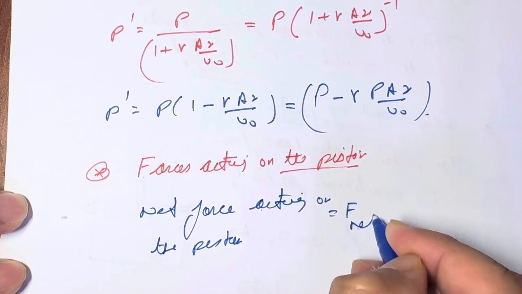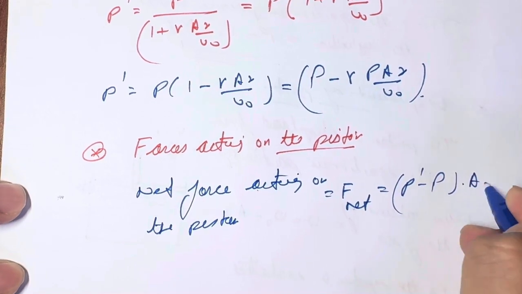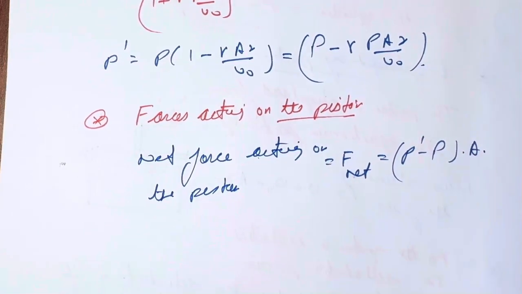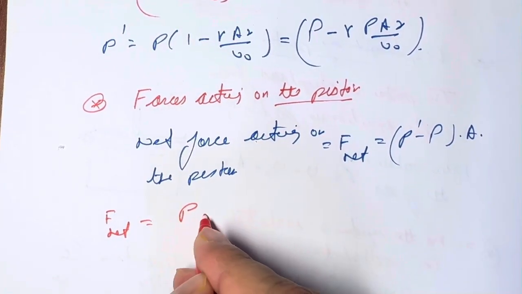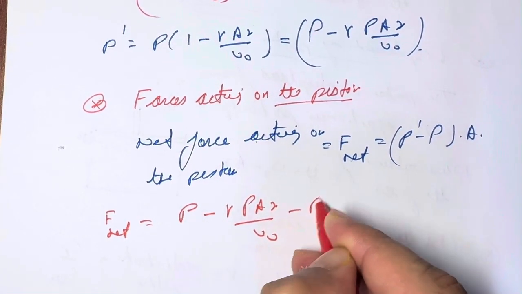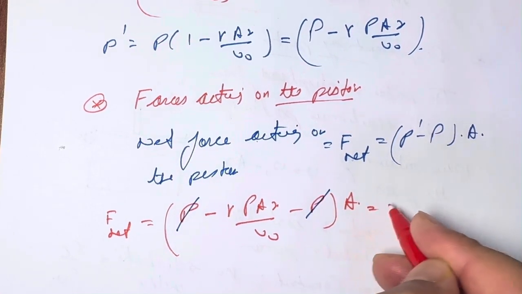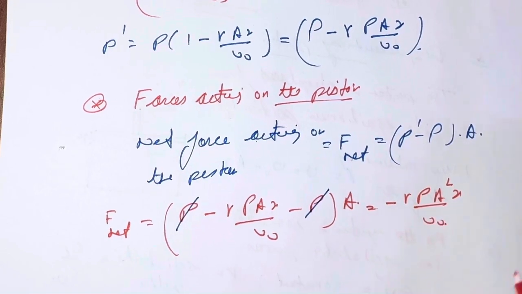Let us suppose the net force is F net, which will be equal to P prime minus P multiplied by A. And we already know what P prime is in terms of P. So we substitute it here, and F net will be equal to P minus gamma PAX upon V naught minus P multiplied by A. P and P cancel out, so we can write this as minus gamma P A square X upon V naught.